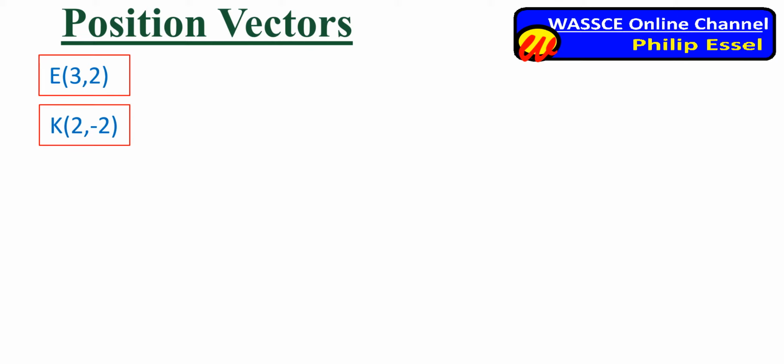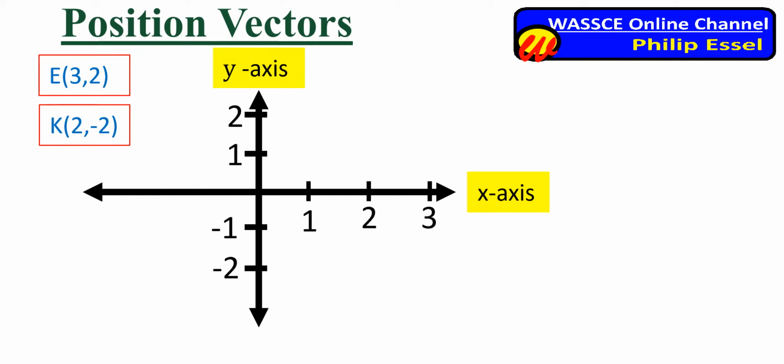We want to plot these points on the number plane. So let's first draw our number plane. Let's show our point of origin. We would then plot the point E, which is (3, 2). Again, we'll plot the point K, which is (2, -2).